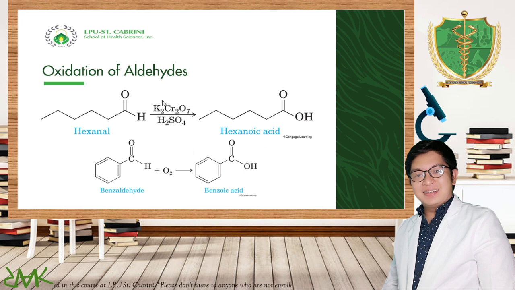Take note that this strong oxidizing agent in the presence of sulfuric acid as a catalyst will give us our carboxylic acid. So again, remember that the oxidation of our aldehyde in the presence of a strong oxidizing agent, for example potassium dichromate, in the presence of sulfuric acid, will give us our carboxylic acid.